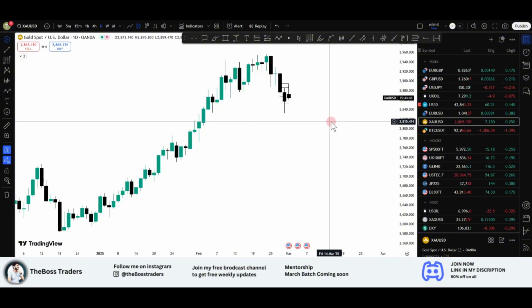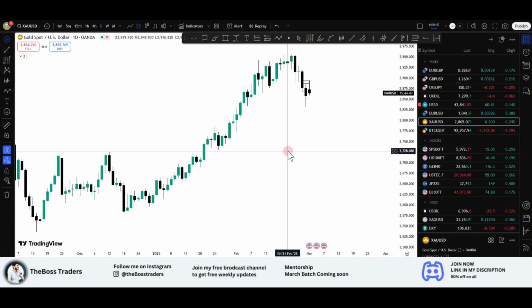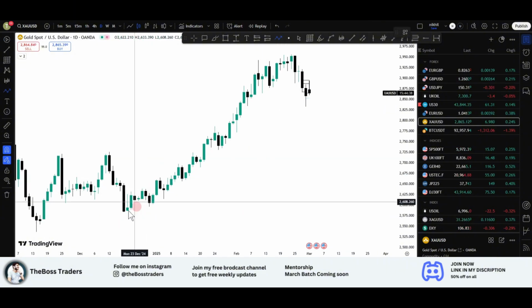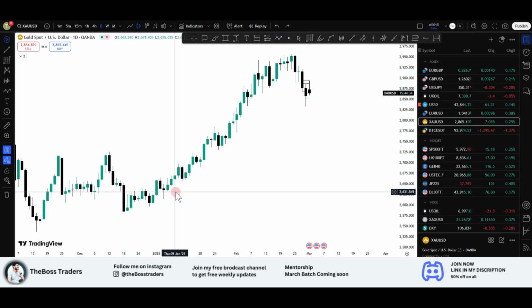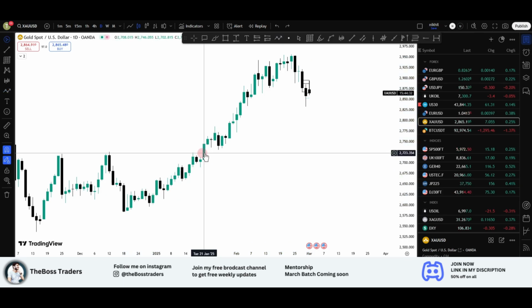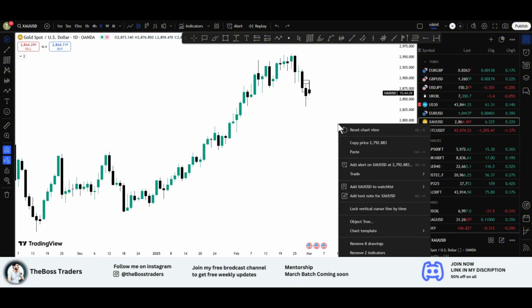Gold is quite volatile for the past few days. As you can see, previously we were trading towards the bullish side, but with no clear structure. Only a fair value gap could help you to take this long trade.